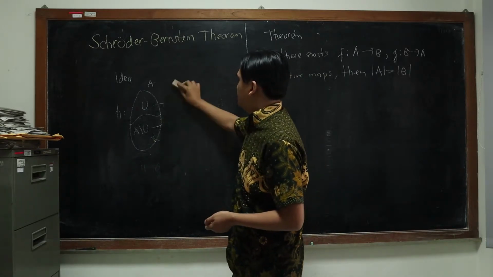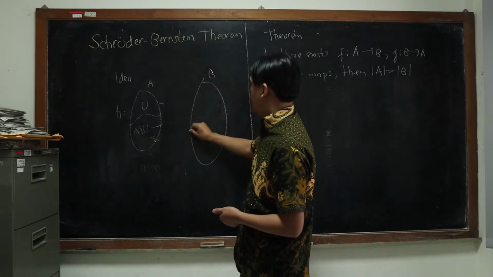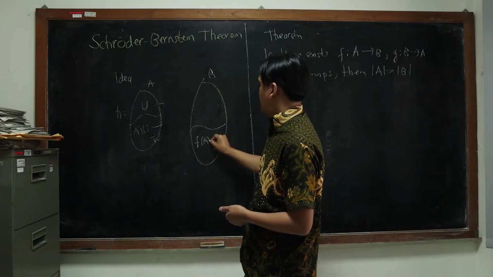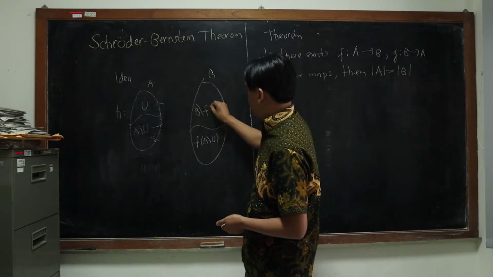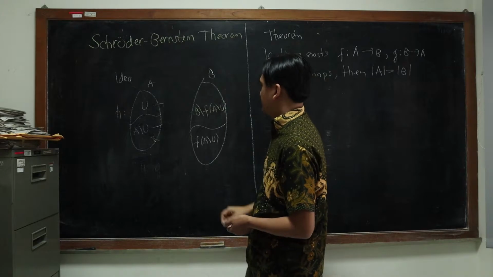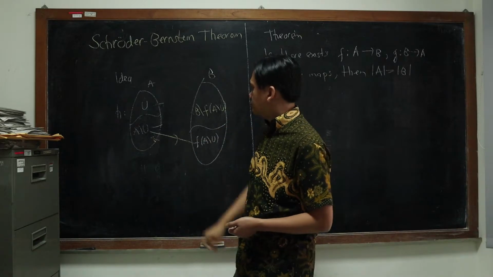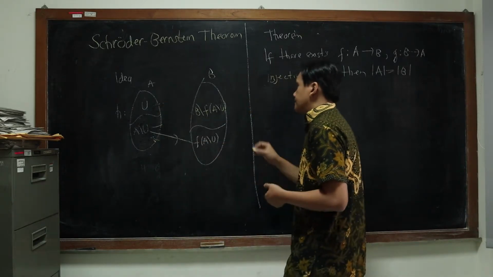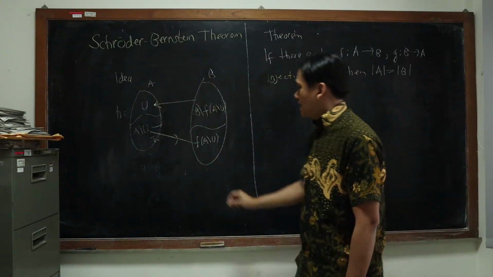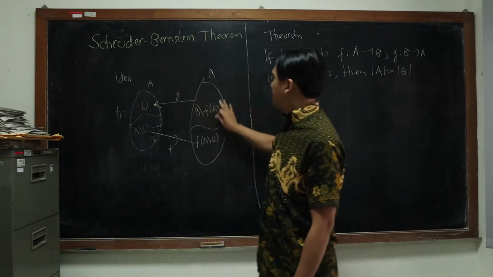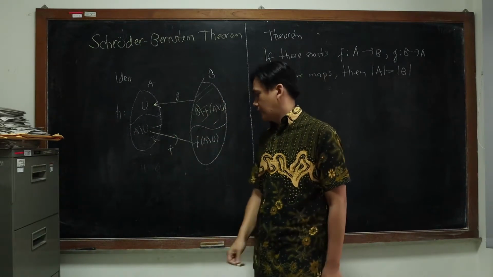I want to map the remaining part by F here. This is B, and this is F of A minus U. And this is B minus F of A minus U, right? So we can map bijectively all elements in A minus U, and then we wish that we can also map all elements in this remaining part bijectively to U, okay?